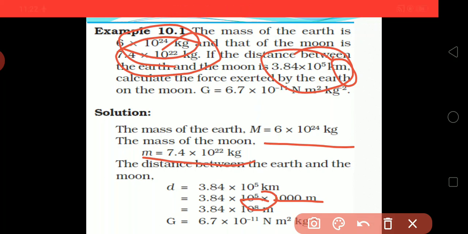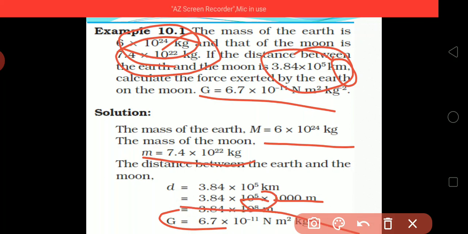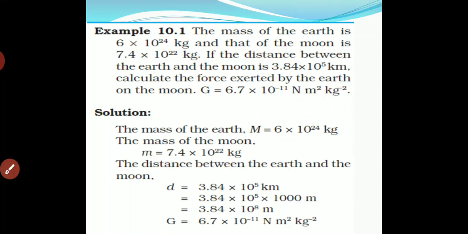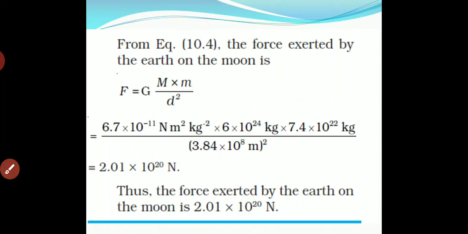And as you can see, capital G is also given. G is equal to 6.7 into 10 raised to minus 11 Newton meter square kg inverse square. So here we have the formula of the universal law of gravitation, which is F is equal to capital G into capital M into small m upon D square.